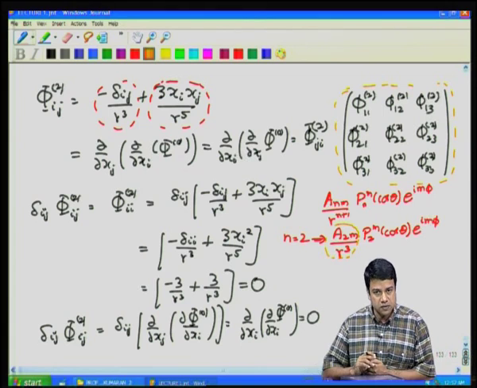So, the scalar solution, the fundamental solution, decreases as 1 over r as r becomes large. The vector solution decreases as 1 over r squared, x i by r cubed. The tensor solution decreases as 1 over r cubed, corresponds to n is equal to 2 and so on. So, these are the scalar, vector and tensor solutions that you get.